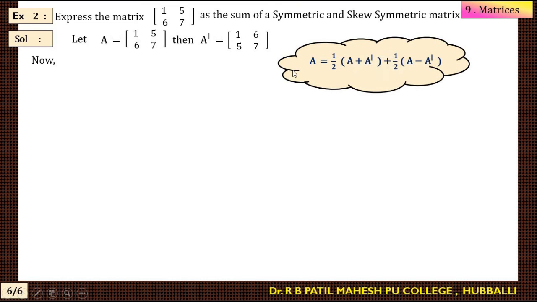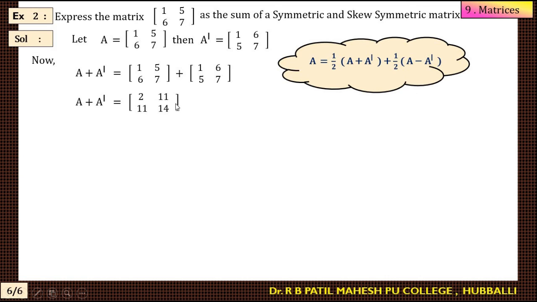Okay, now you know that the sum of a symmetric and a skew symmetric matrix is written as half into (A plus A dash) and half into (A minus A dash). So first you find out these two terms. First, A plus A dash. A matrix plus A dash, when you add, you will get [2 11; 11 14].